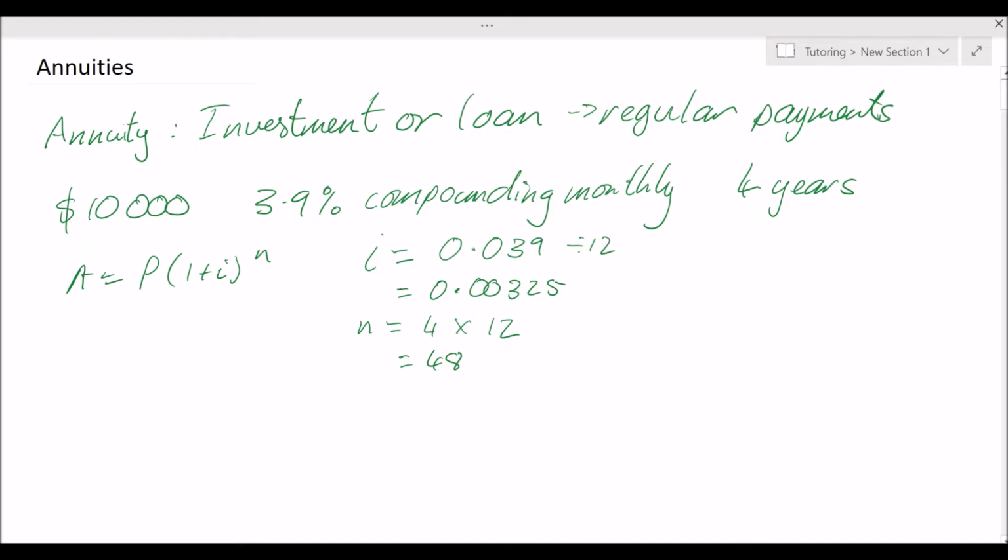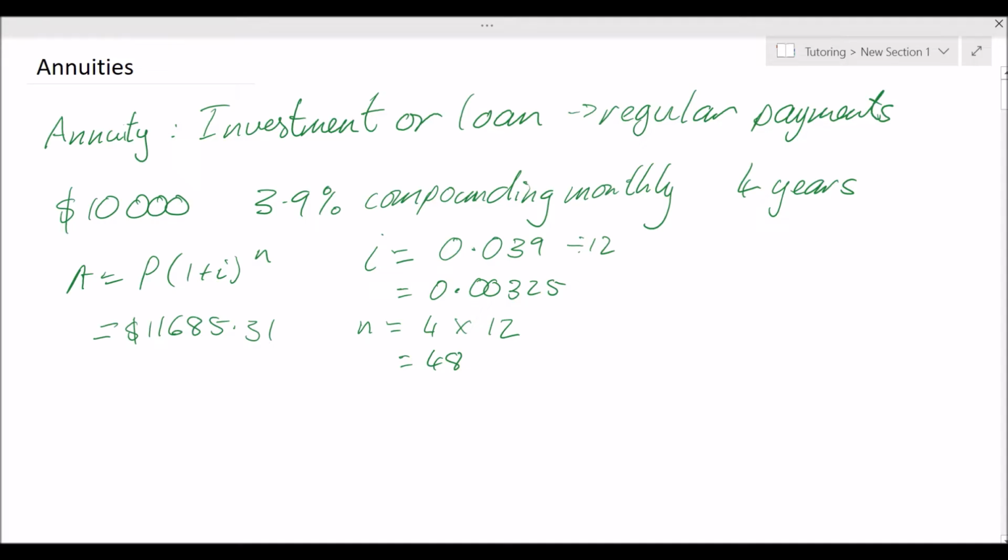So if you pop all that into your calculator, you end up with a total value of $11,685.31.